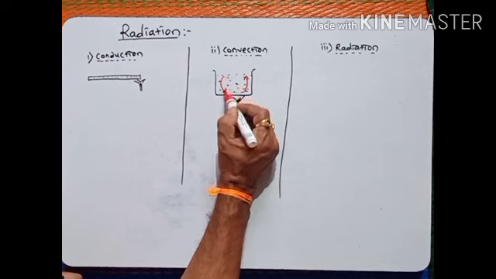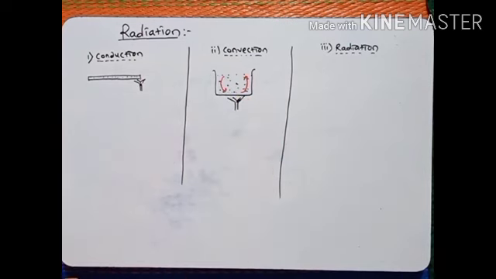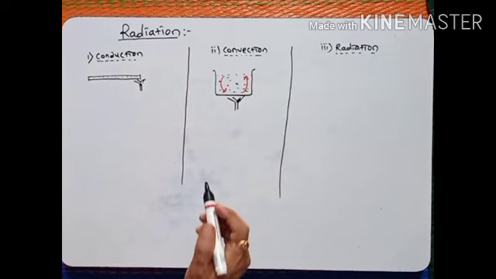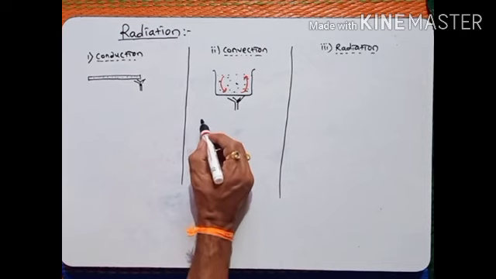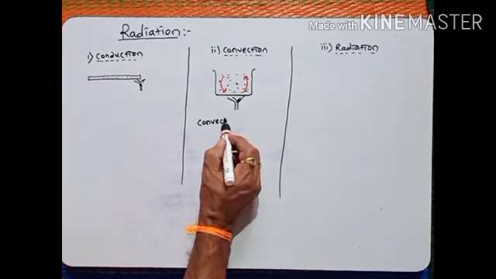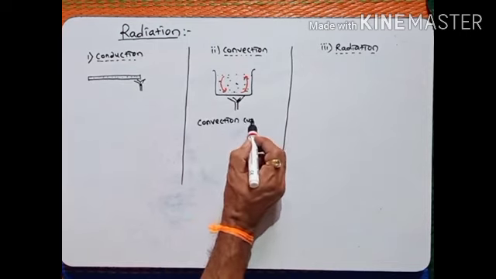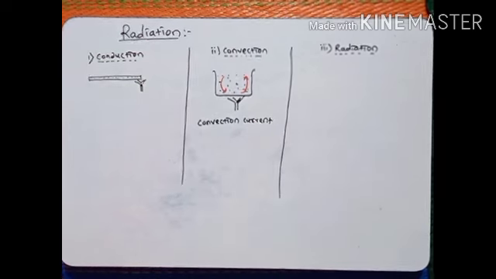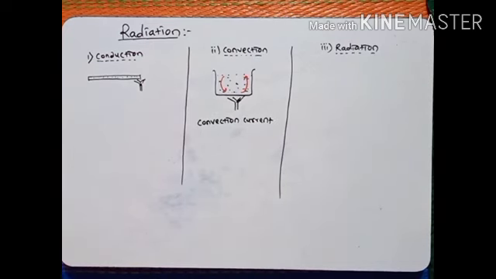In this way, the convection current flows. This type of convection is also possible in air, and winds can flow from one place to another, and that current we call a convection current. In convection, the heat flows from one place to another by actual displacement of the particles, either liquid particles or air particles.